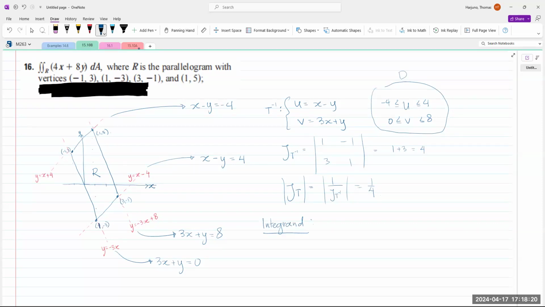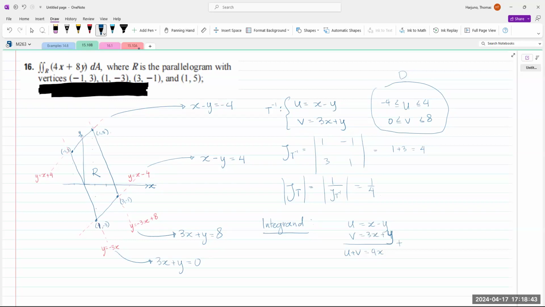When we deal with the integrand, let's take a look. u equals x minus y, v equals 3x plus y. I need 4x, which happens to be the case if I add them, u plus v. Now how about the y?